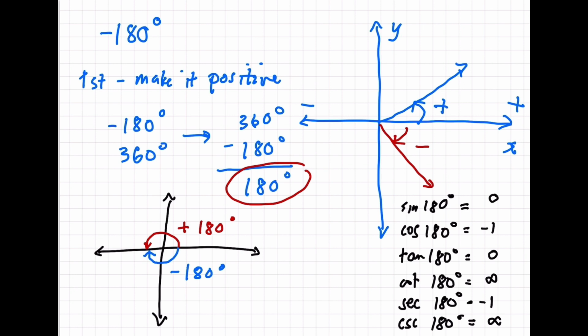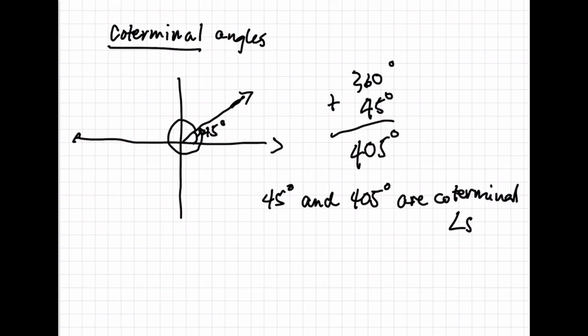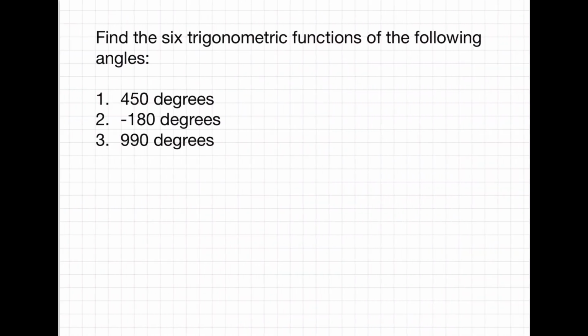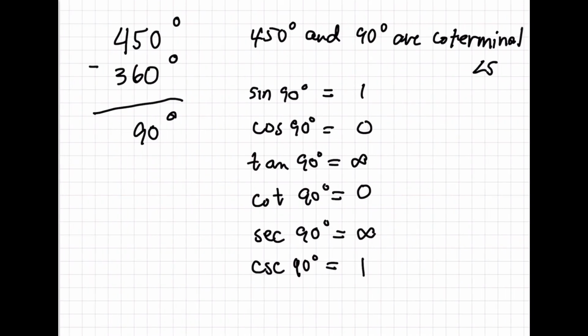Okay, so let's go back to our problem. The last one is 990 degrees. So this is a rather big angle here that we have. Now, how do we easily get the coterminal angle of 990 degrees? Remember how we either subtract or add increments of 360 degrees?